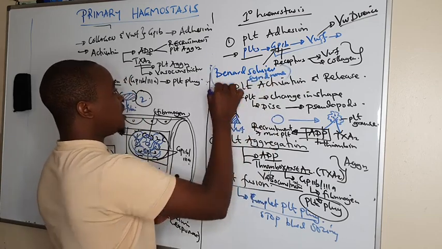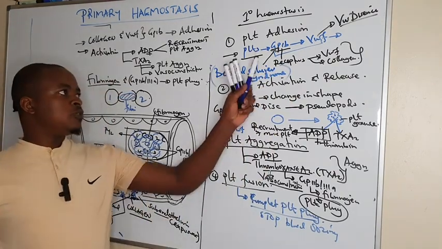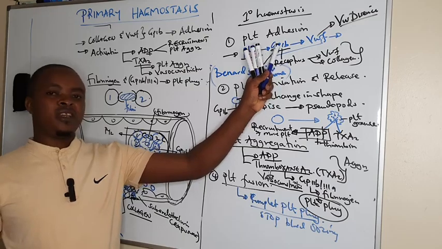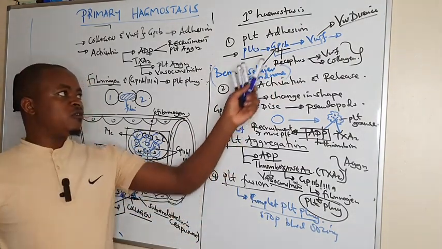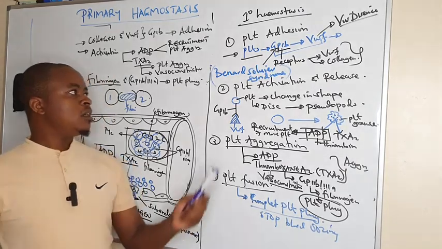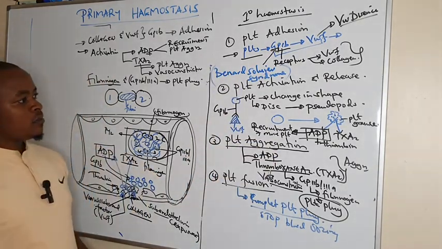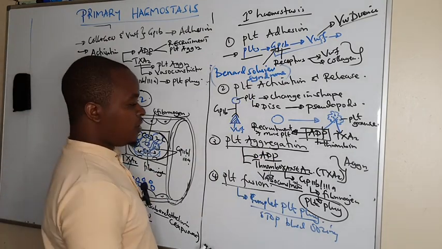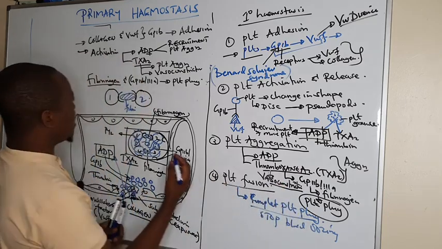So Bernard-Soulier syndrome, which we can call BSS, is due to the deficiency of glycoprotein 1b. So if you are born without the genes responsible for forming glycoprotein 1b on the surface of platelets, you suffer from Bernard-Soulier syndrome.